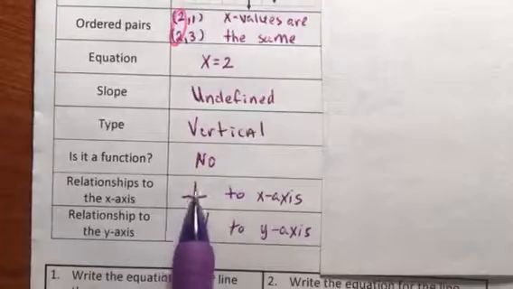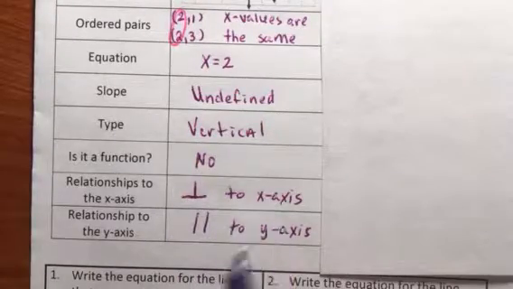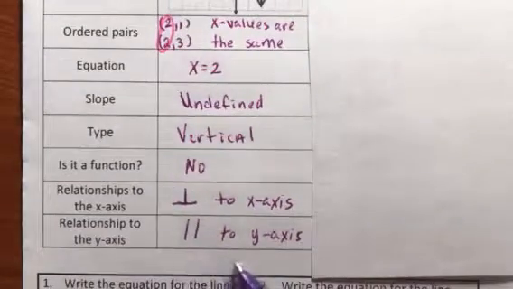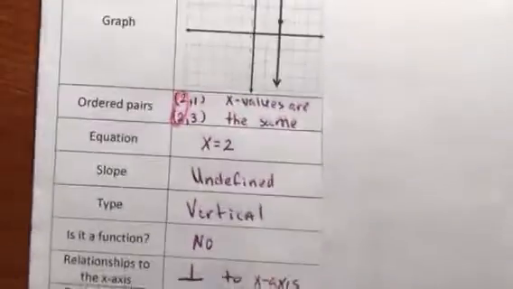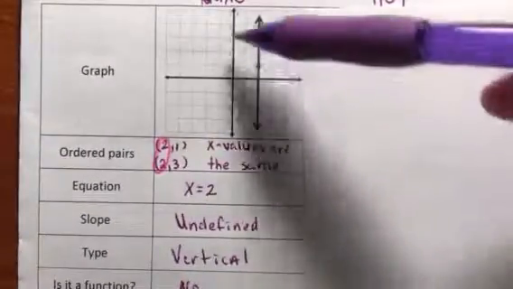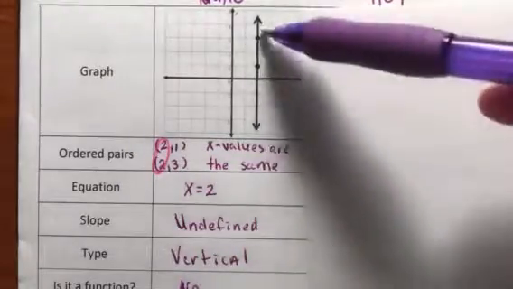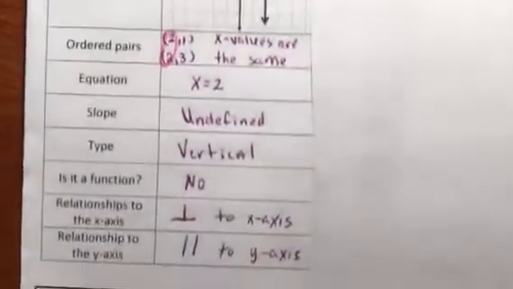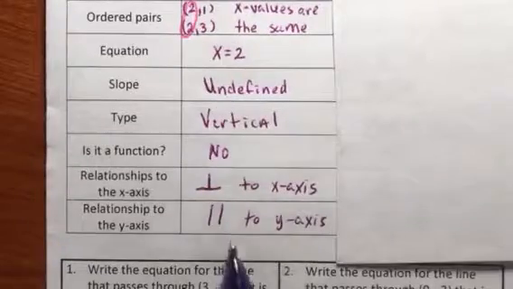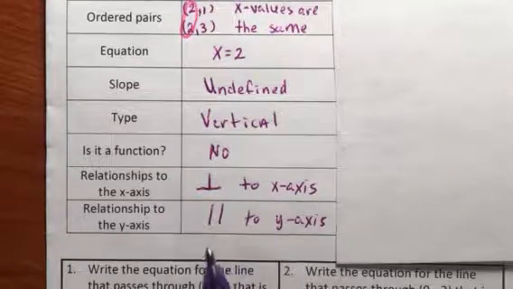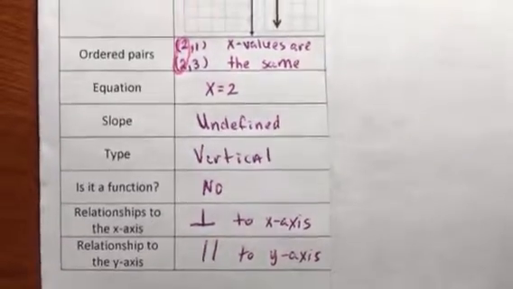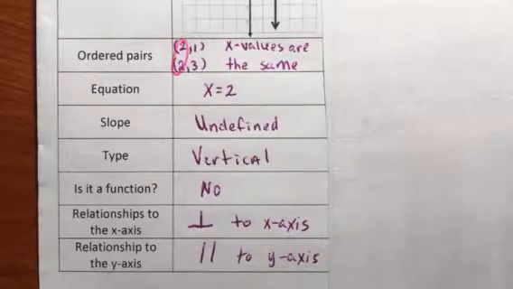That's what that symbol means, perpendicular to the x-axis. Why did I write that it's parallel to the y-axis? Well, vertical line, here's the y-axis, those are your railroad tracks. So in this case, it's parallel to the y-axis. Alright, so let me leave that there so that you can get it all there.